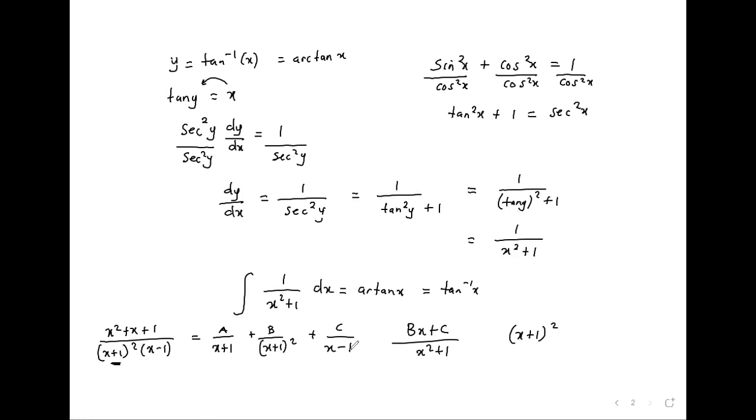So when the square is not directly on x, you take it as a repeated linear factor. So you'd write it and write it again with the power now. There is a bit of difference there.